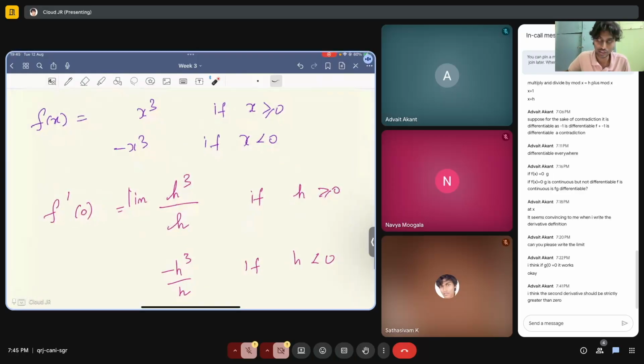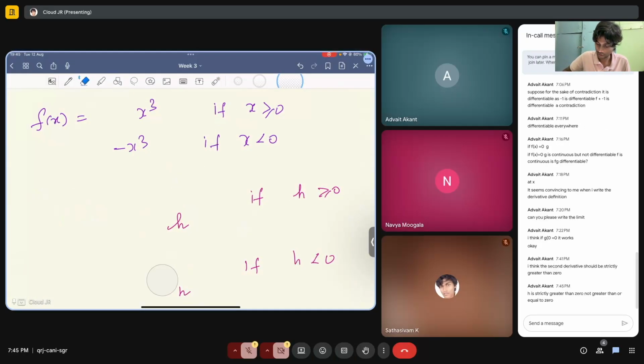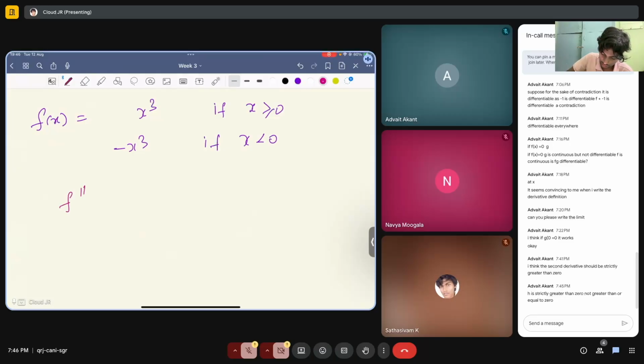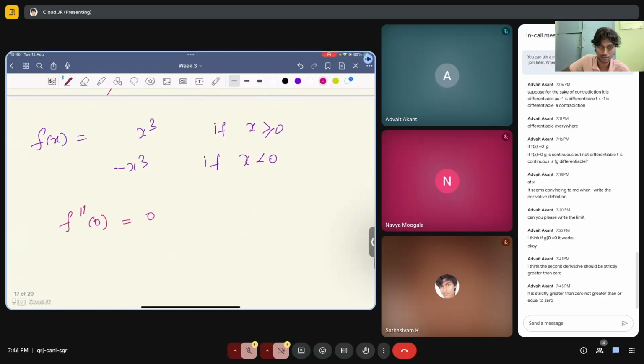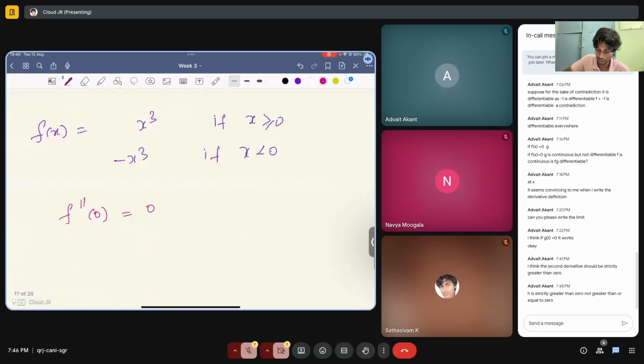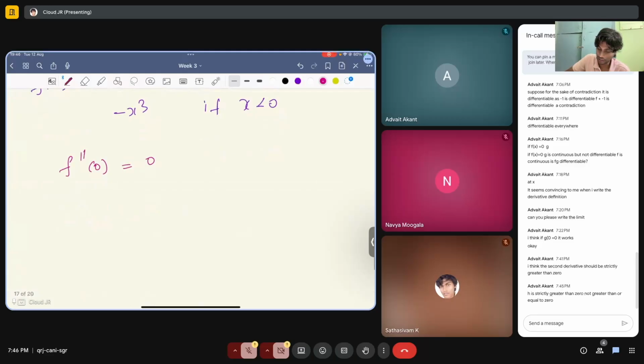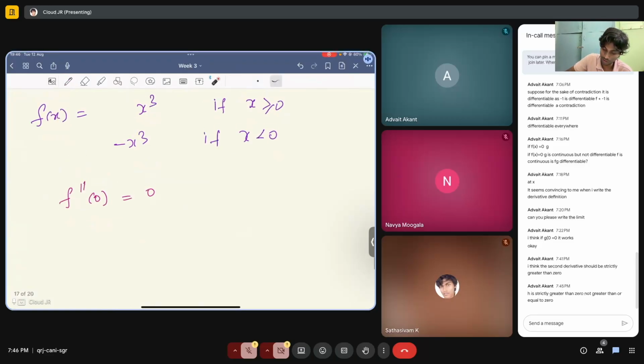You can compute the second derivative also. Both derivatives exist, and the second derivative at 0 is 0. But this point is not a point of inflection, because if you draw the graph, you can clearly see that all of these numbers are positive.